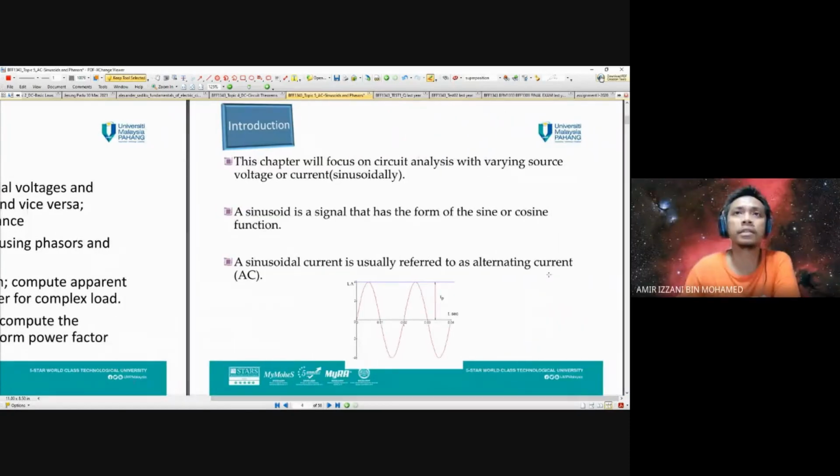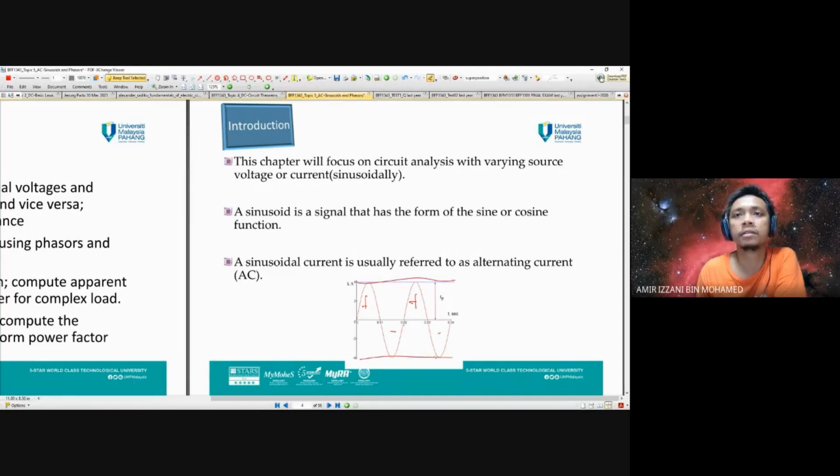As for introduction, in this chapter we only focus on AC. I think you know what is AC. The sine wave voltage, the current. The sinusoidal current is usually referred to as alternating current. We call it alternating current because it alternates from positive to negative, positive, negative. So in DC it's only positive or negative.